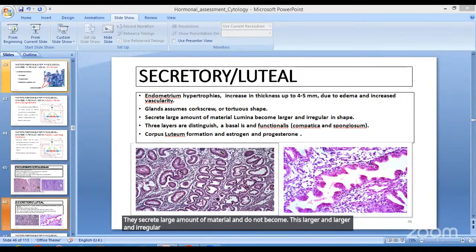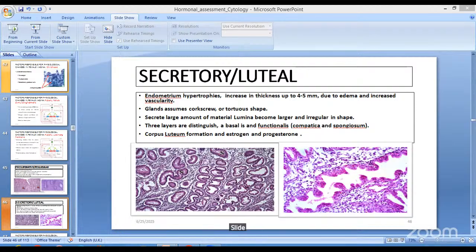That's what this slide is illustrating to help you appreciate what happens at the proliferative phase and what happens at the secretory phase. The changes in the glandular features and the glandular pattern, from increase in size to enlargement and elongation.